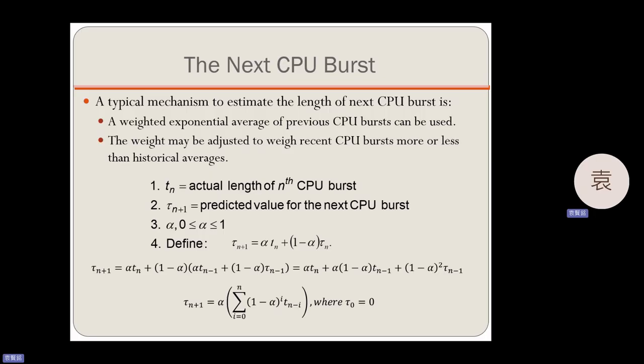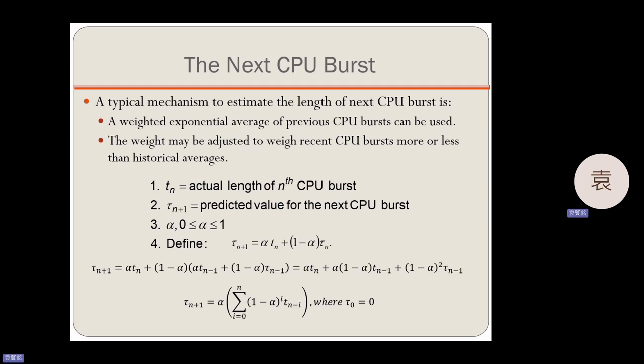That means we use the previous actual burst time, T sub n, and its estimation, tau sub n, with different parameters alpha and 1 minus alpha. This is a weighted average of the previous actual CPU burst time and the estimated CPU burst time of the previous CPU burst.